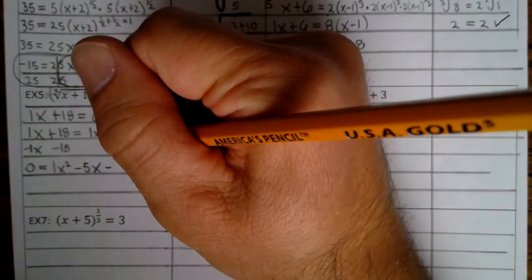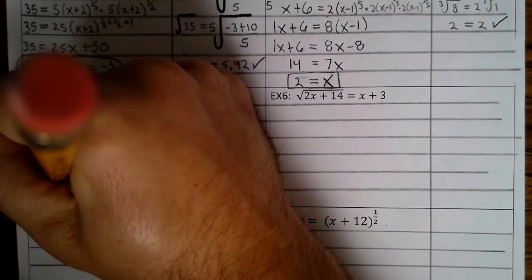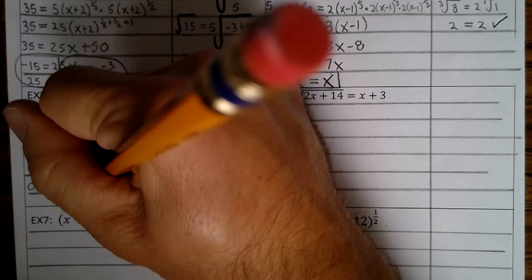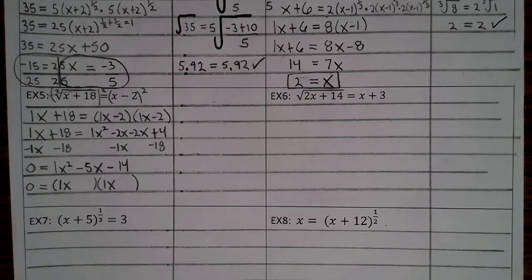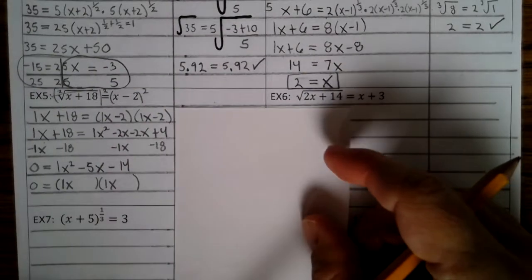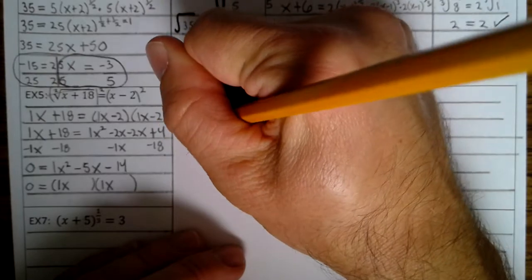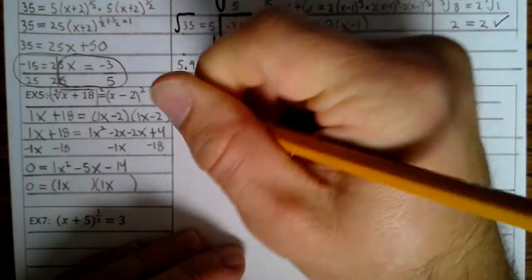We know 1x and 1x. Now, we need to find all the combinations to make negative 14. So 1 times negative 14 is negative 14. 2 times negative 7 is negative 14. 3 doesn't work, 4 doesn't work. 5 doesn't work, and 7 times negative 2 is negative 14.